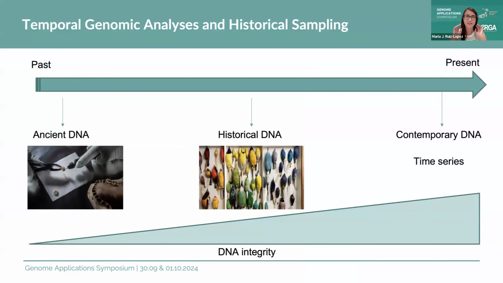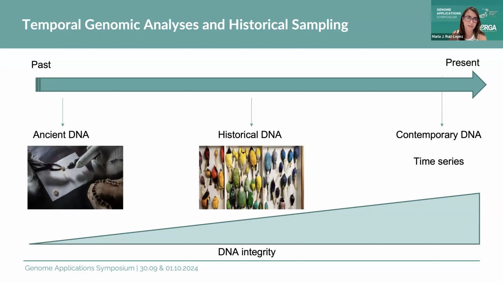So, temporal genomic analysis and historical sampling. Temporal genomic analysis involves comparing different time points to understand what changes have occurred in our populations, in our case from a genomic perspective.